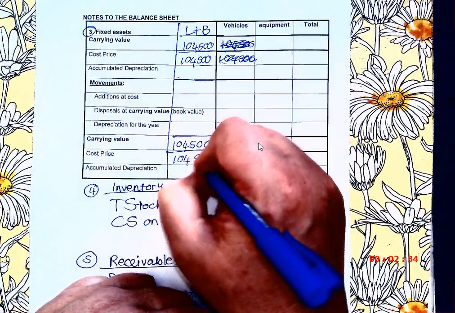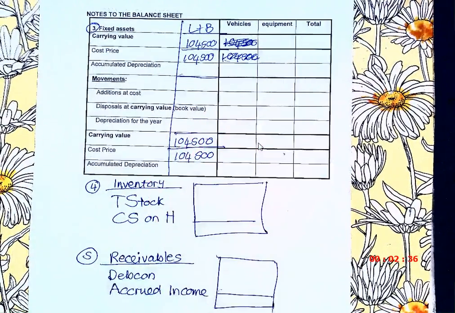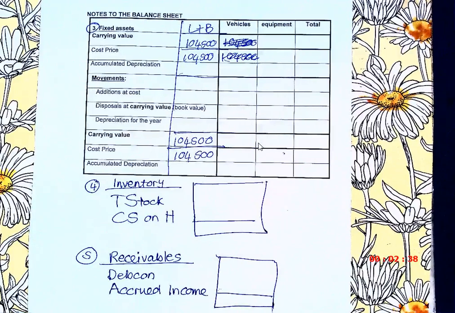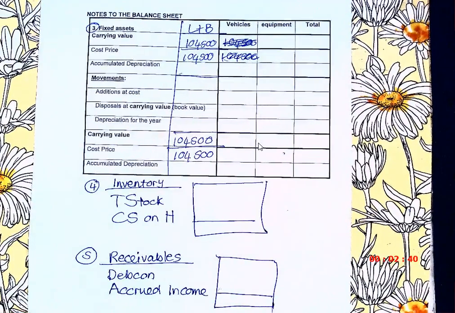Is it possible to have land and buildings to the value of 104,500? Of course. When I bought my flat in 1997, the flat cost 85,000 rand. Now, let's say I was still living in that flat and the market value has gone up to 500,000.